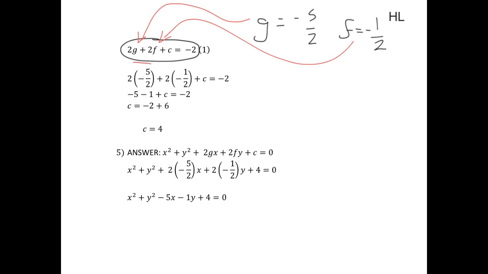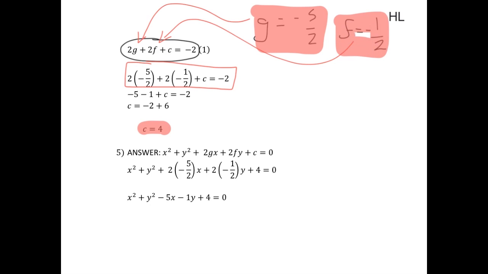Once we do that, we end up with this equation here, and when we simplify it, we find that c is equal to 4. So we have g is -5/2, f is -1/2, and c is 4.